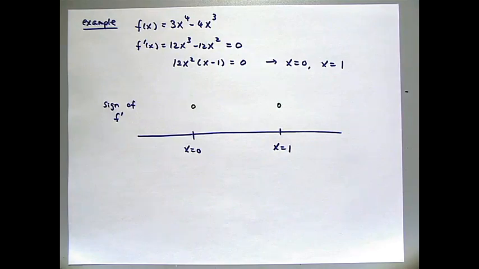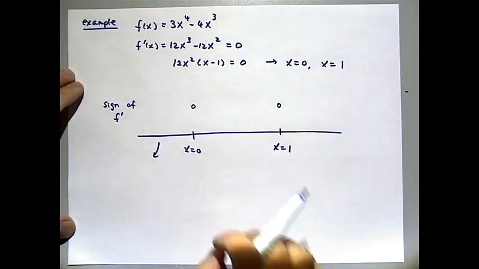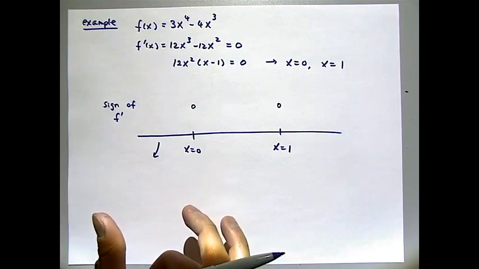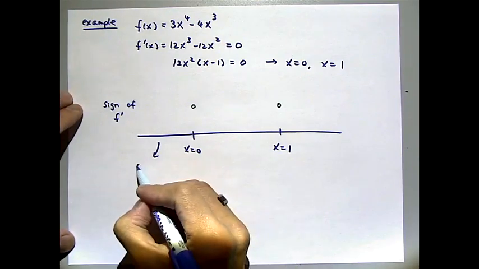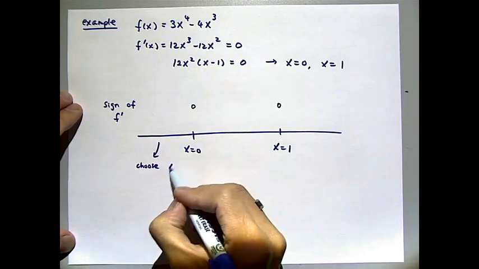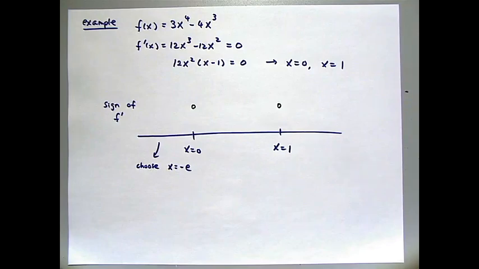Okay, and just like before, we choose any number on these intervals. Choose whatever you want that's less than 0. I'm going to choose minus e just because I can. There's nothing wrong with that.